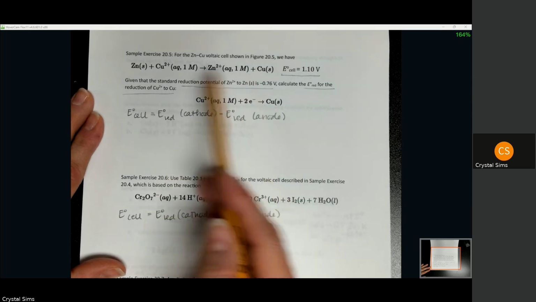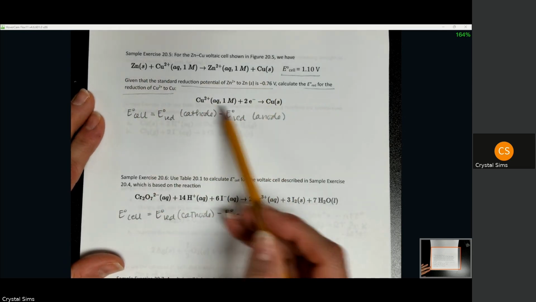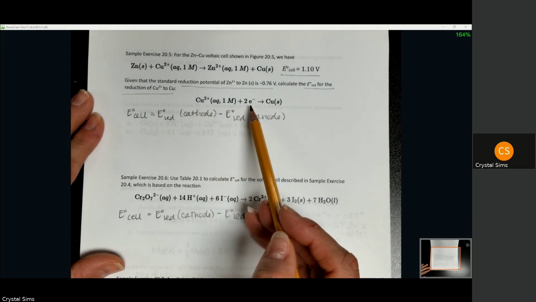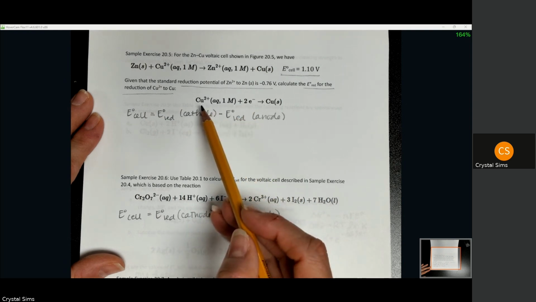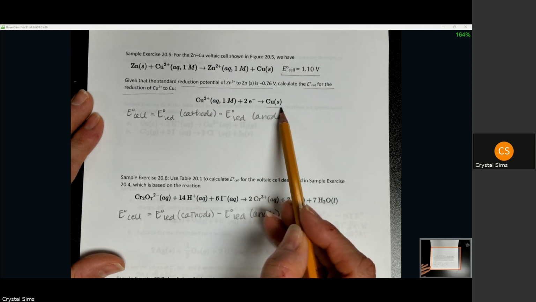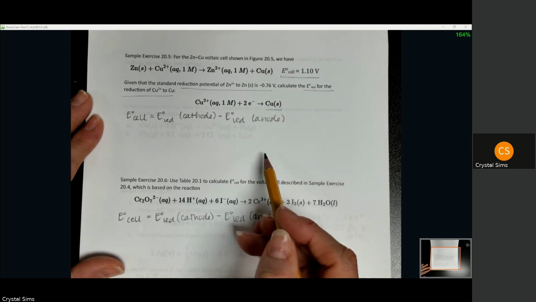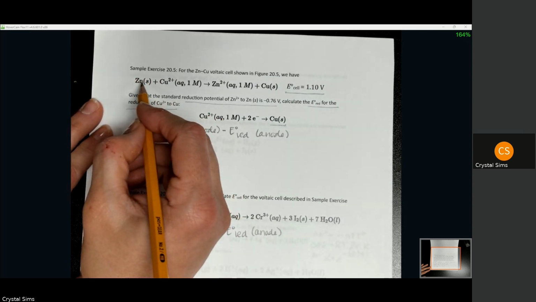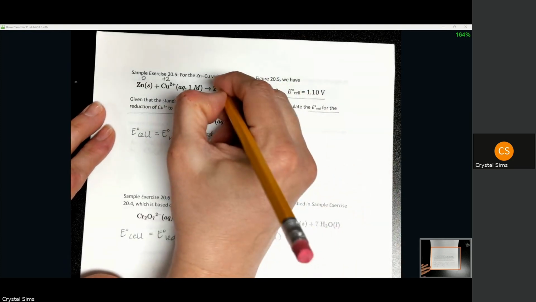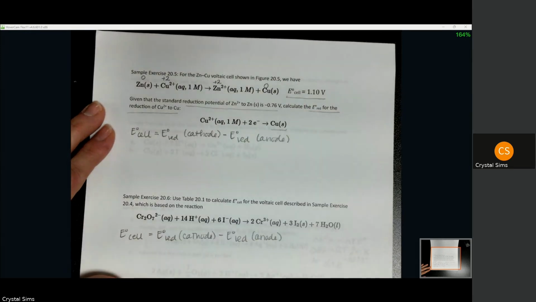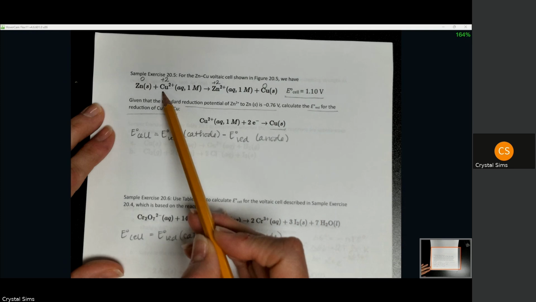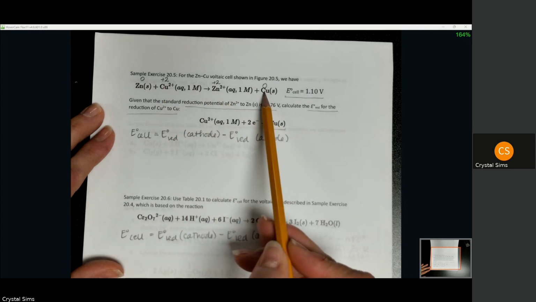So when we look at our overall equation and our half equation here, we can see that copper is gaining electrons. We have to give it electrons to get to that standard elemental state. If we go back up to our overall equation and put in some oxidation numbers, we can see that we had to give some electrons to copper to get it to that state.